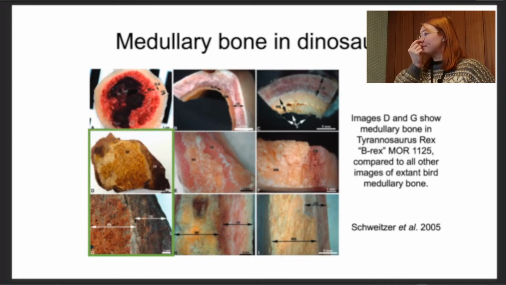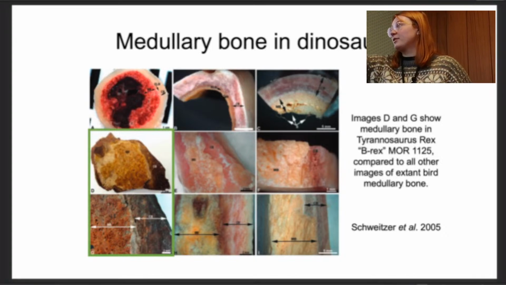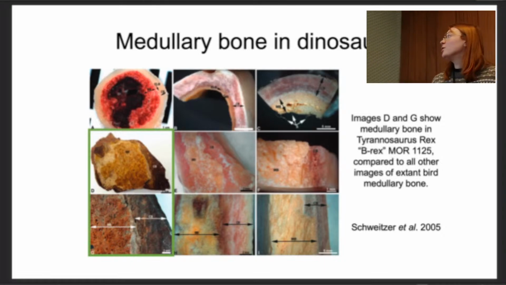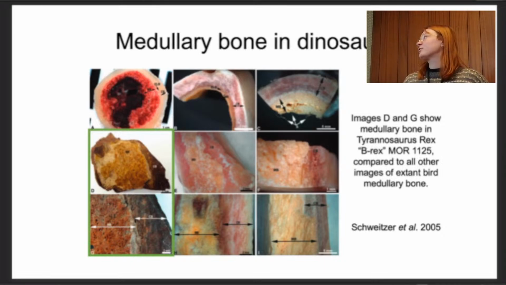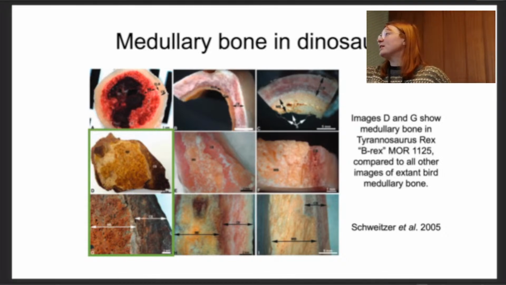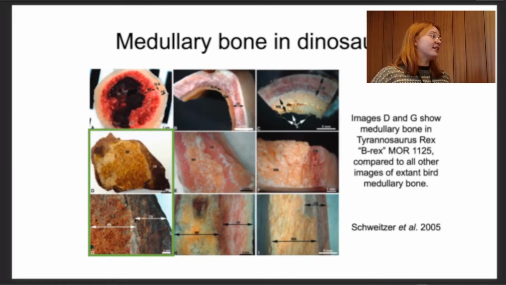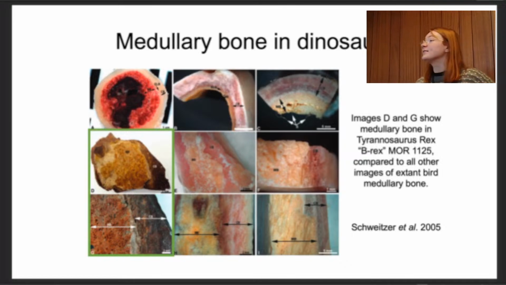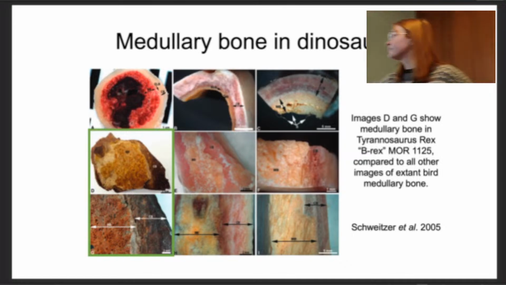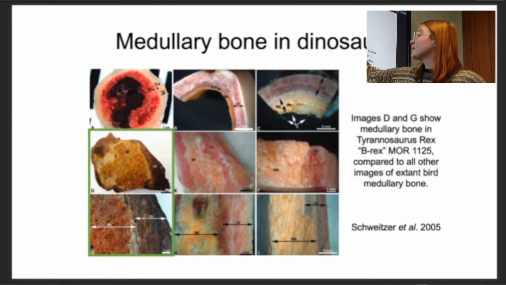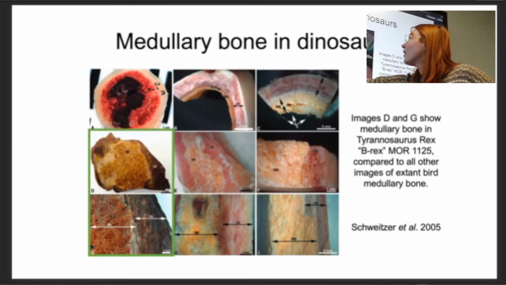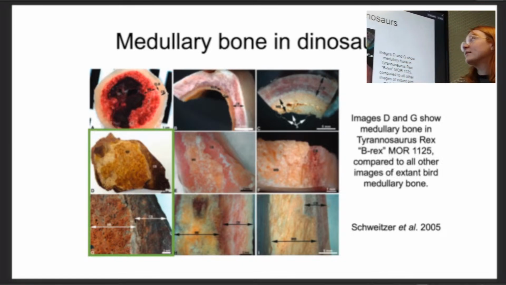Images D and G, the ones outlined by the green box, show medullary bone in Tyrannosaurus rex specimen MOR 1125, also known as B. rex. And then the other images are medullary bone present in emus, hens, and ostriches. So it's this very distinct layer just within the compact bone.